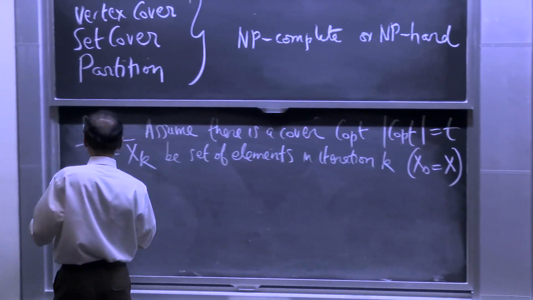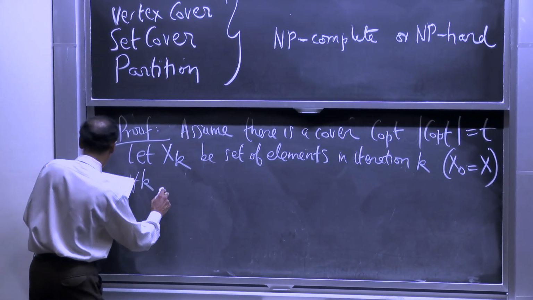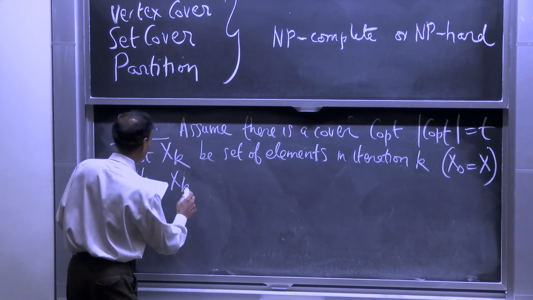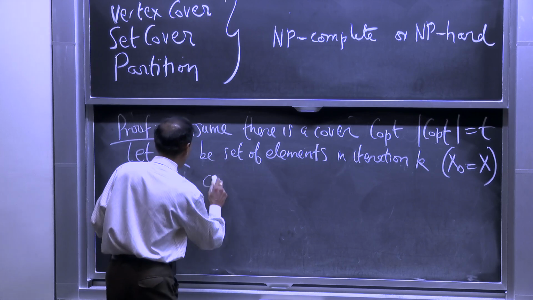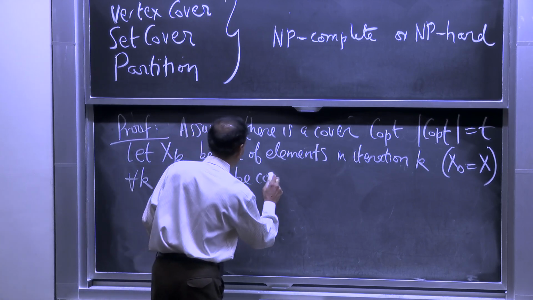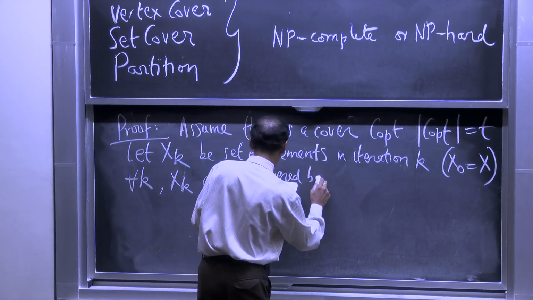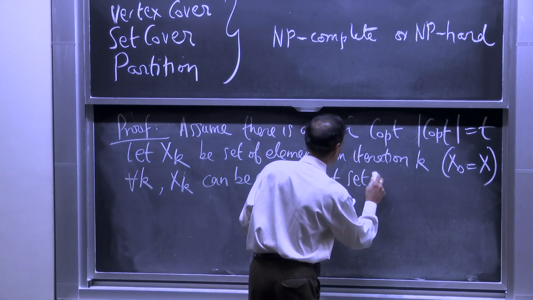Right? Now I know that for all k, including of course x0, xk can be covered by T sets. Okay?